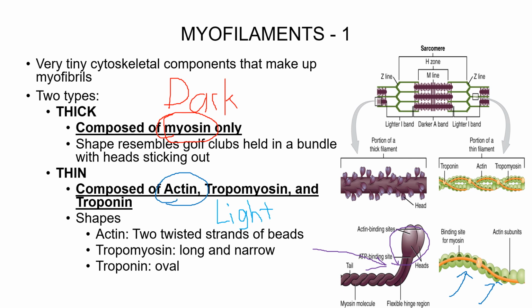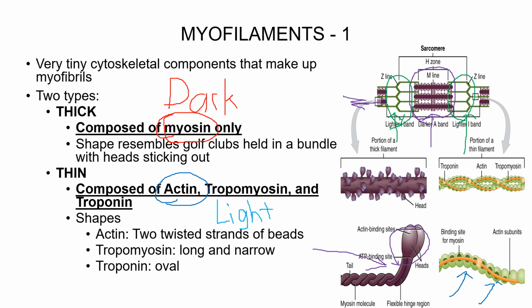These purple structures right here, that is the myosin protein, and the green lines are the actin proteins. And what you get in your muscle cells is this band where it's just myosin, and then you get this area where it's just actin, and another area where it's just actin.